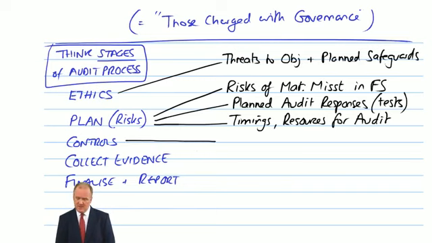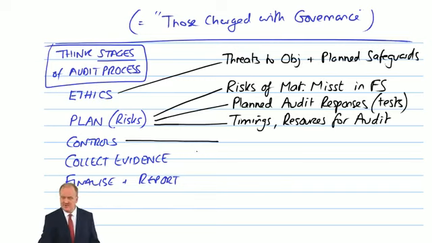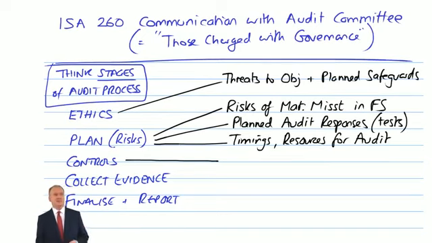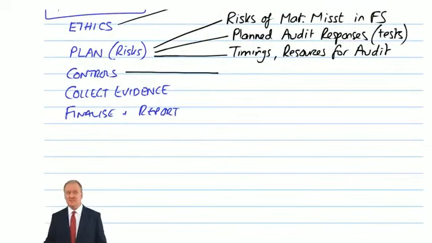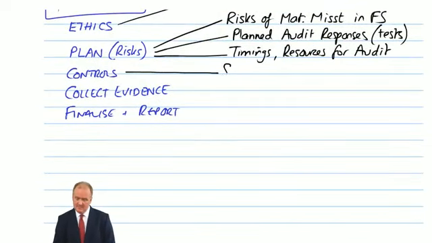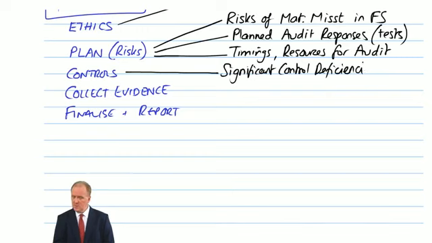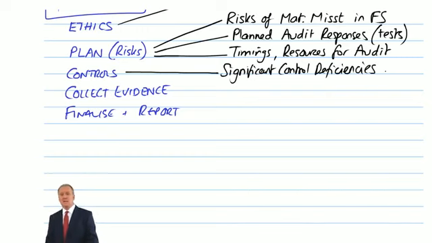I'm going to put this one on here, although strictly speaking, I did write at the top of the screen ISA 260, and this one is actually covered in a separate audit standard. But it's also a communication point, as we're about to see in the next core area. If we find significant control deficiencies, we should be discussing those with the client and making recommendations on how to improve them.